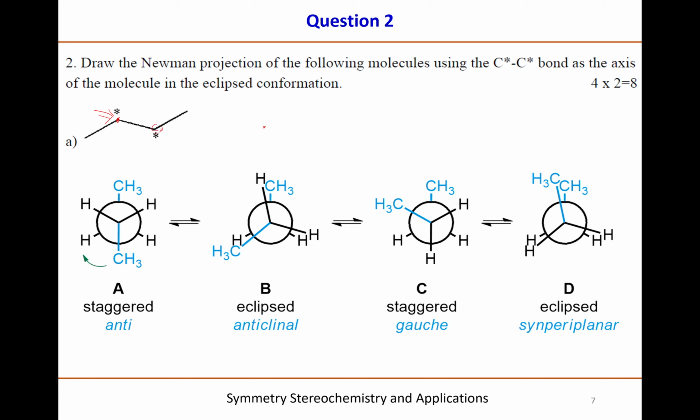So this second carbon is exactly behind the first carbon. If we denote it by a dot only, we will not be able to distinguish between them. That's why we show a circle. The circle is nothing but our second carbon. We are just showing it bigger to differentiate between them. Okay. Now on the first carbon, how many groups are there?